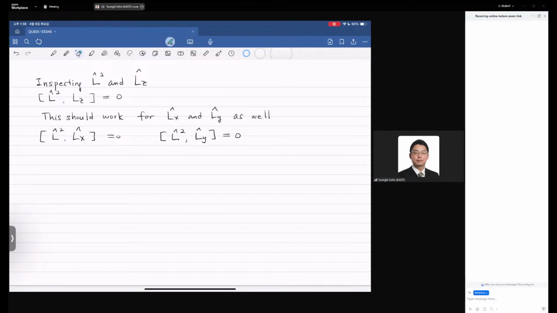L is not commuting because L has Lx, Ly, Lz all as components, and Lx, Ly, Lz don't commute with each other, so if you add them up, it's not commuting. For this special L square operator, classically it's just the angular momentum's magnitude squared, so it's an operator corresponding to that.